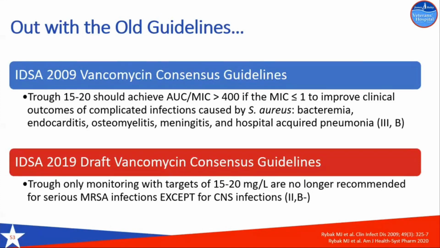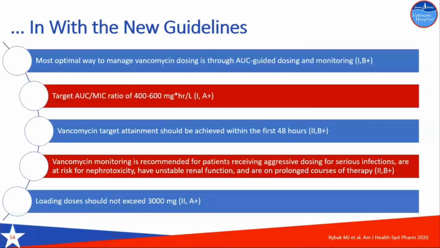We will use it in select patients that have CNS infections where we want to make sure that we're getting penetration, but for most other patients, we will be using the AUC monitoring. So, like I've emphasized, the optimal way to manage Vanco is through area under the curve guided dosing and monitoring. And we want to target an AUC of about 400 to 600.